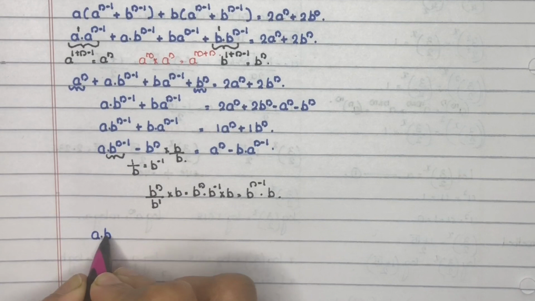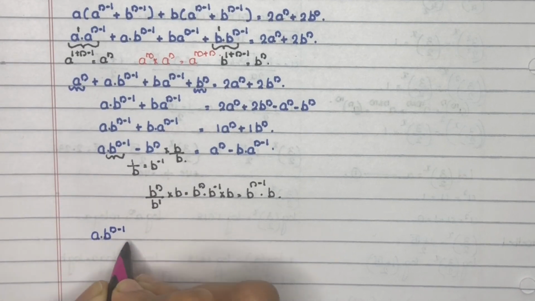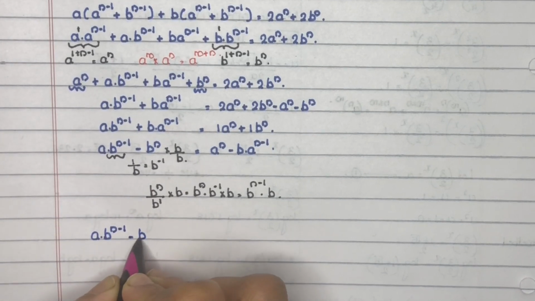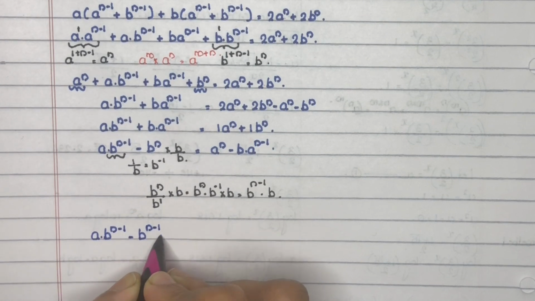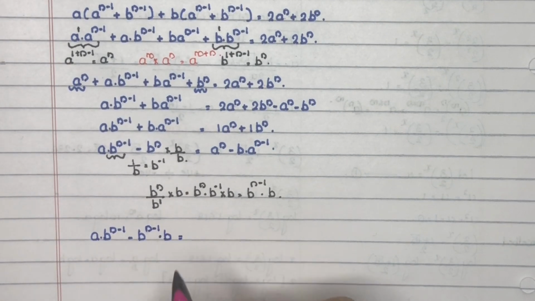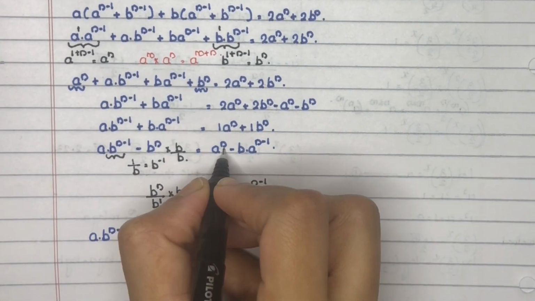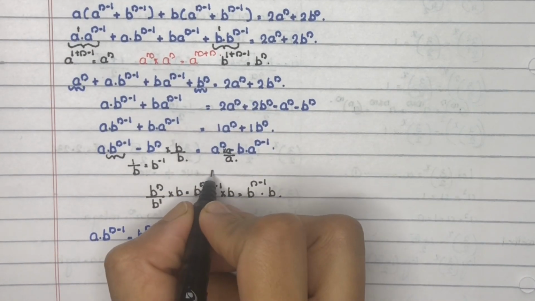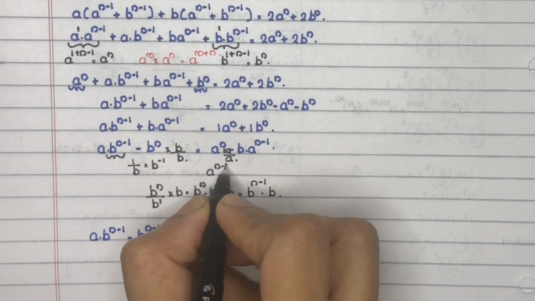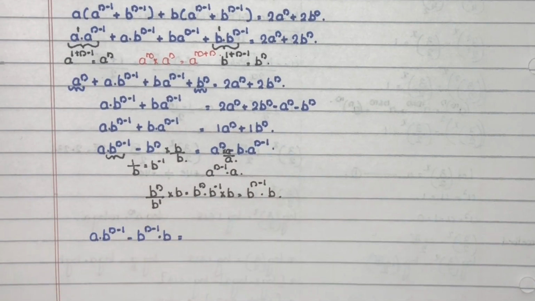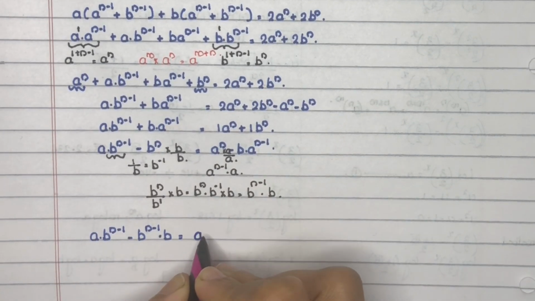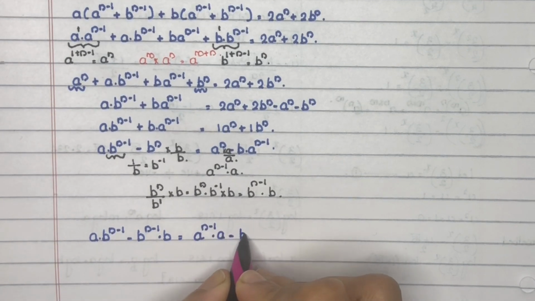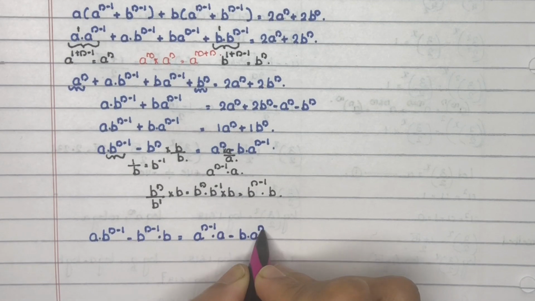a into b^(n-1) minus b^(n-1) into b equal to, same way, multiply and divide with a. So a^n/a you can write as a^(n-1) into a, equal to a^(n-1) into a minus b into a^(n-1).